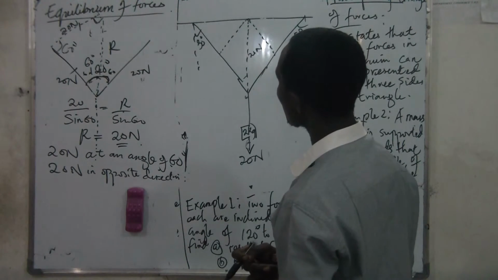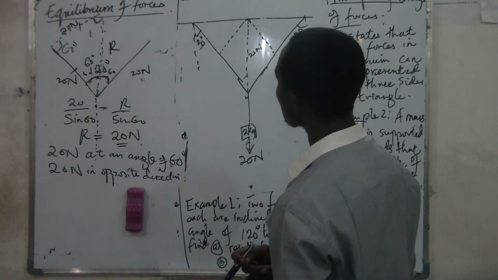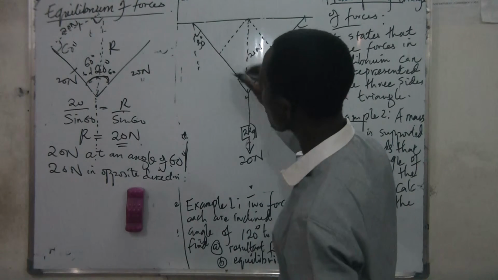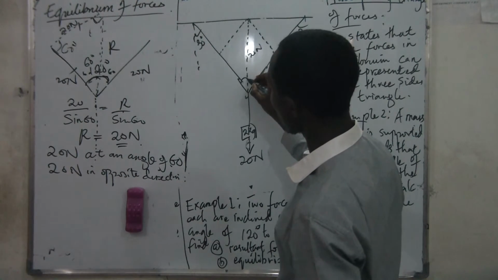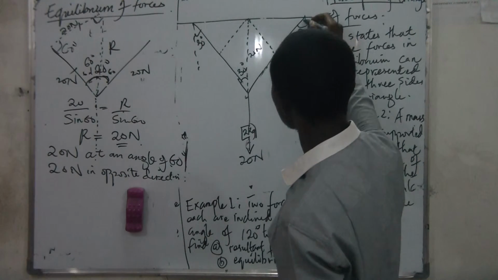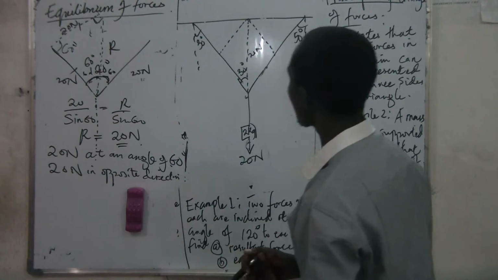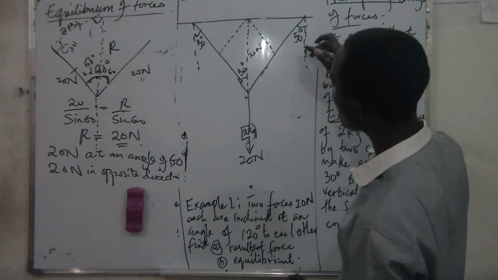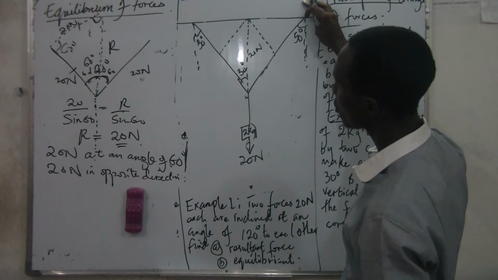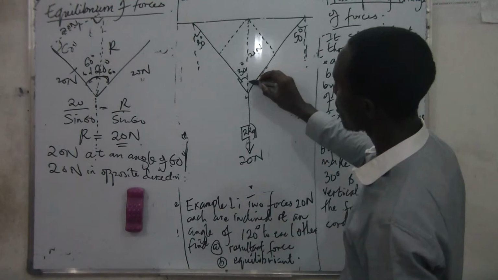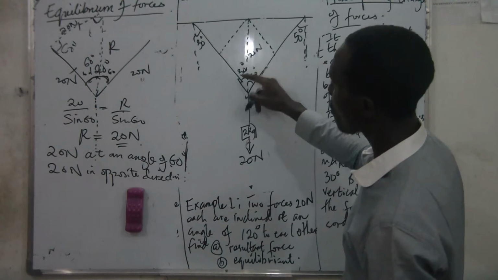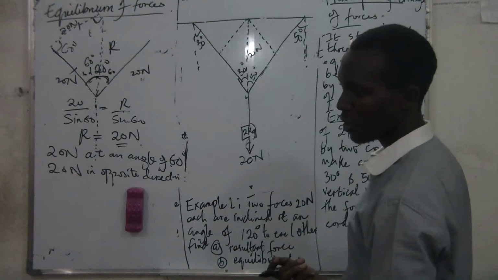So if I draw it this way, you find out that to the vertical, if you observe the angles here, this angle is alternate to this. So this angle will be 30 degrees. Alternate to which angle? If you observe from the diagram, you find out that this is 30 here. This is 50 degrees, so this is 30, this must be 50.